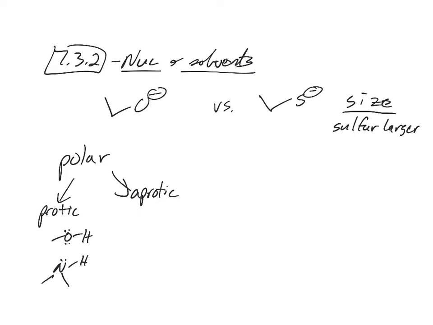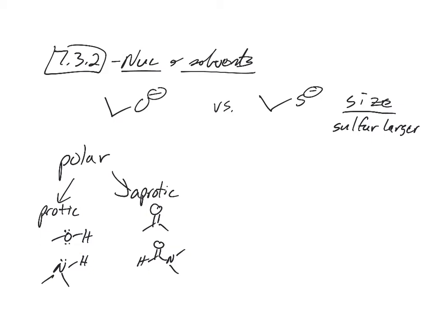Aprotic solvents don't, but they still have polar bonds. So things like acetone, DMF. These are polar aprotic solvents. One thing you want to notice here, these heteroatoms can do hydrogen bonding, right? That's the thing we've talked about before. We're just calling it polar protic solvents now.